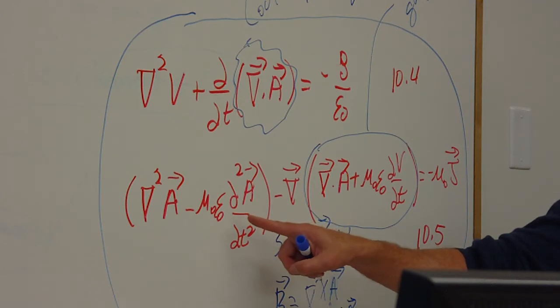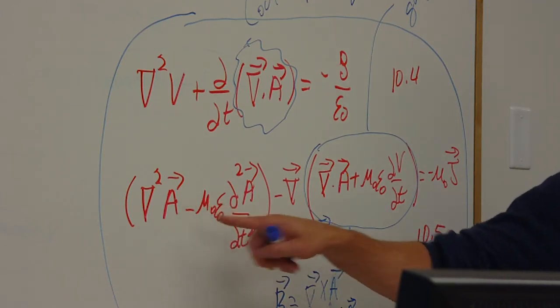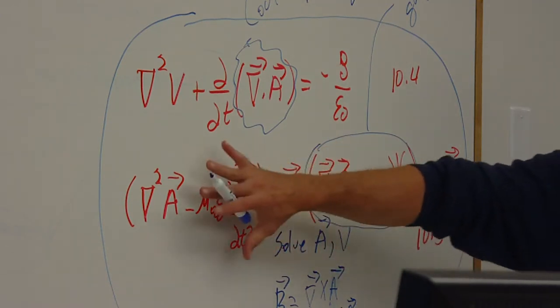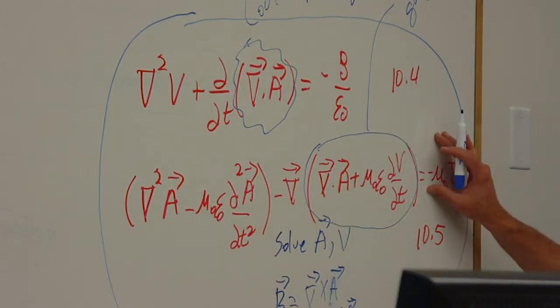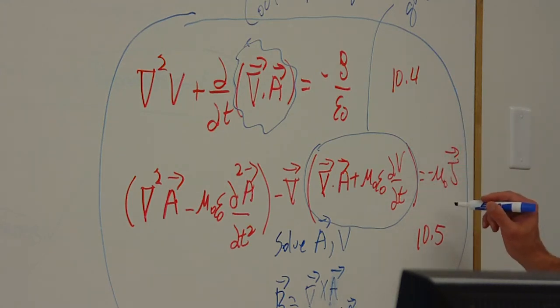If this is 0, we have this, but over here we have 0. He calls that the homogeneous wave equation, and this is the inhomogeneous wave equation. Do you see that? Which is just two more steps to solve. Isn't that nice to look at it this way?